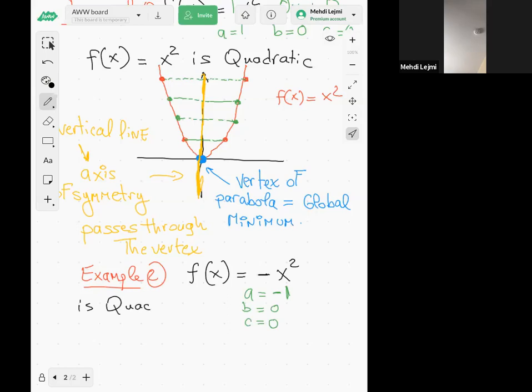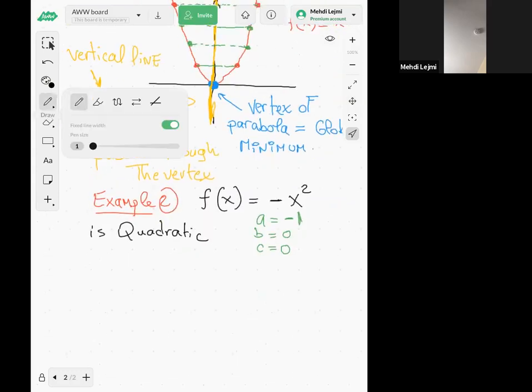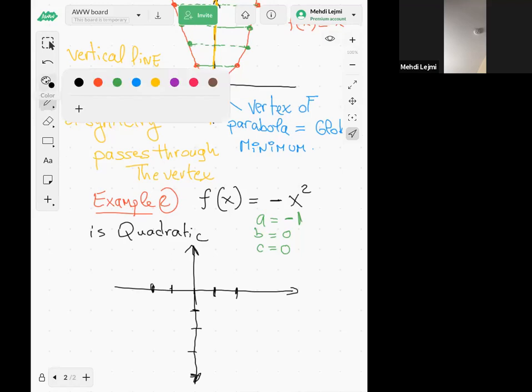Sorry, I was saying you want to graph minus x squared, so it says 1, 2, -1, -2, right? 0 squared is 0.